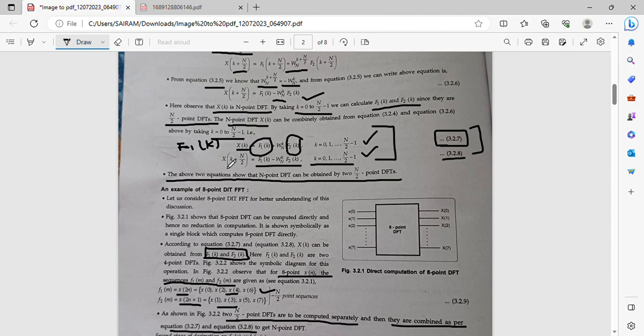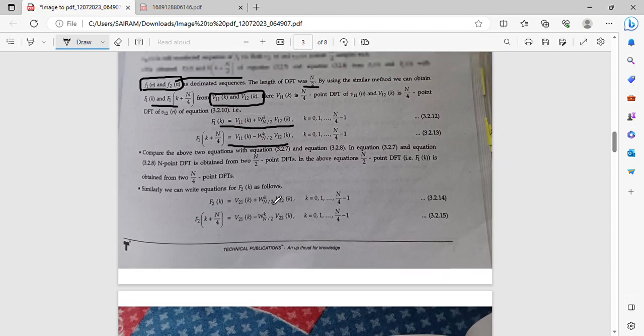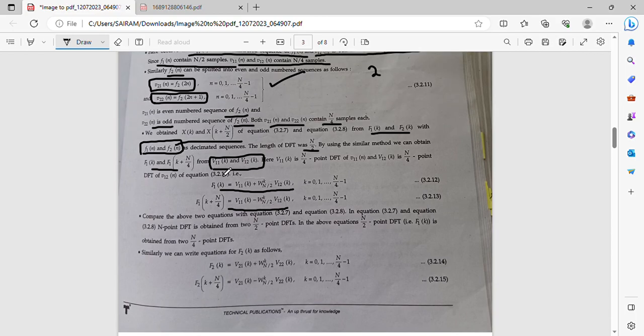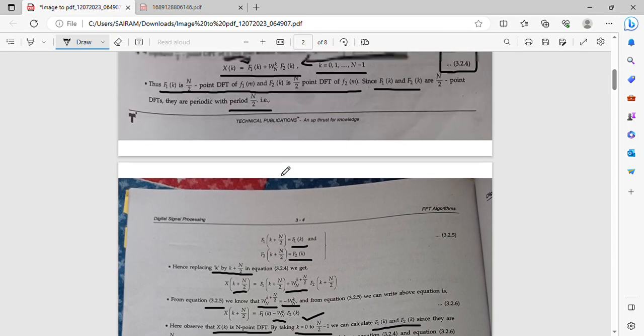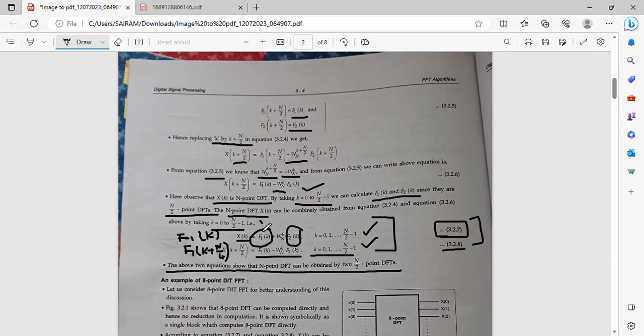Here we found x of k and x of k plus n by 2. Now here we are finding f1 of k and f1 of k plus n by 4, wherein we find it from v11 of k and v12 of k.